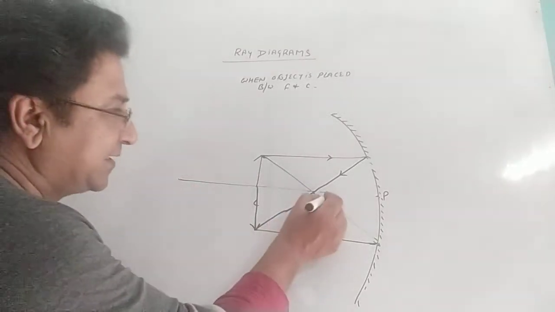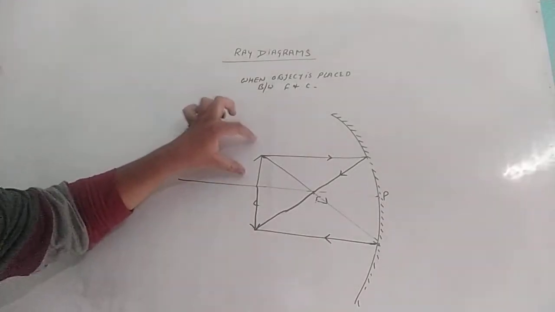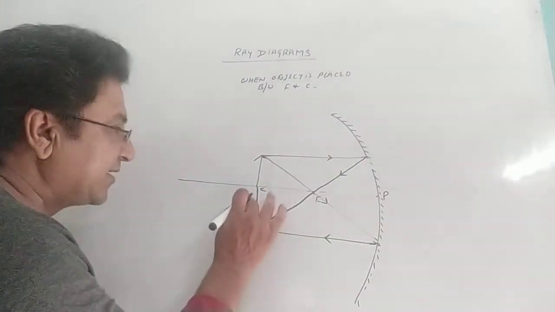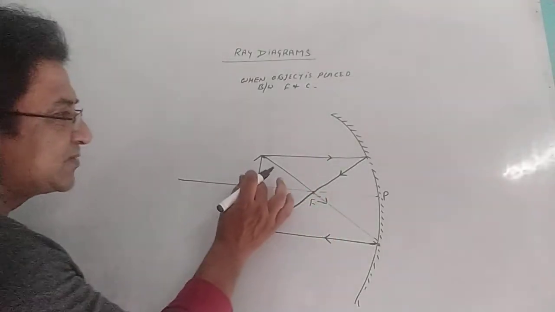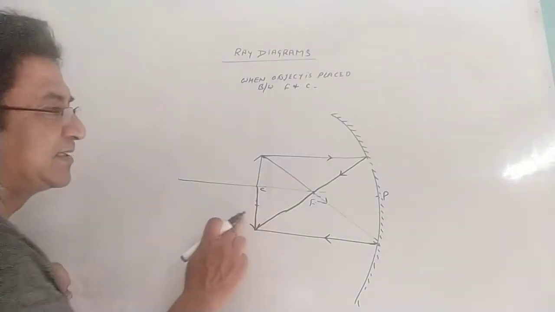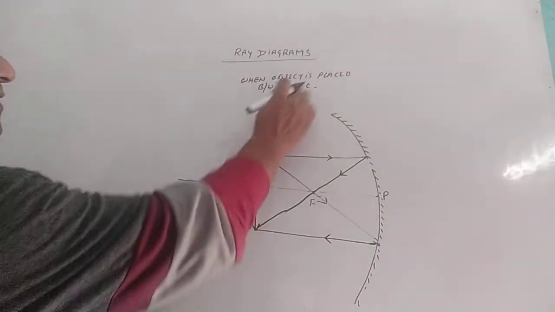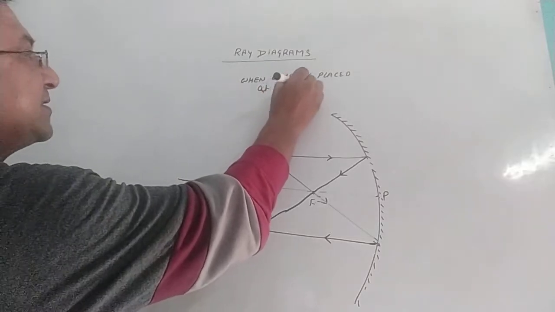Whenever a diagram like this comes, make an arrow also. So the object is placed at center of curvature. This is the focus. When the object is placed at center of curvature, the image is formed just below the center of curvature. This is also called where? At center of curvature.